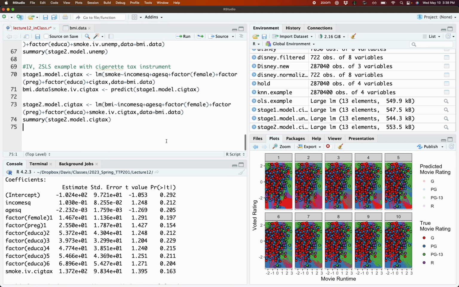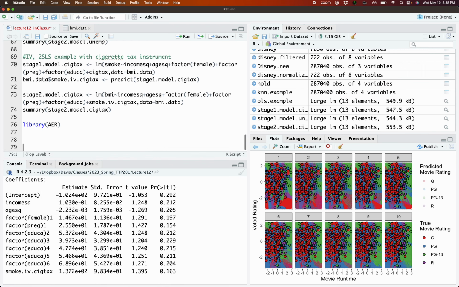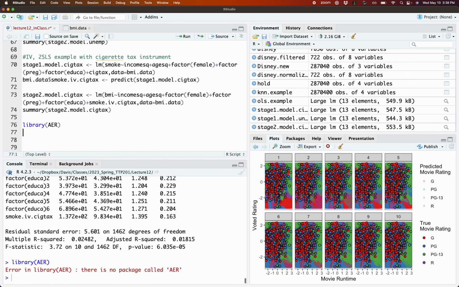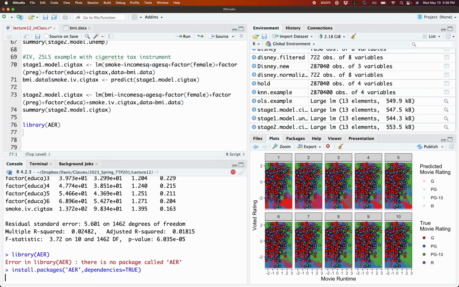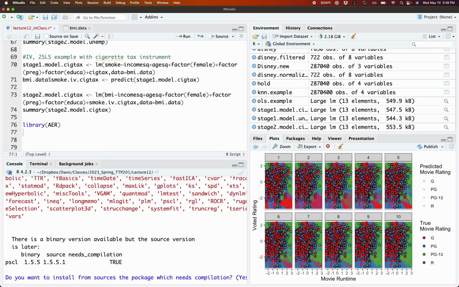So obviously you don't have to do this manually, like I'm making you do a lot in this class. There is a library. Oh, okay, hang on. Did not install. Install. Right, because this is a new computer.